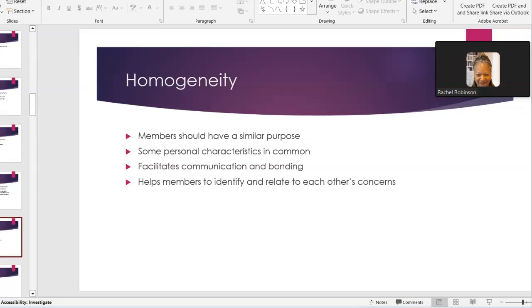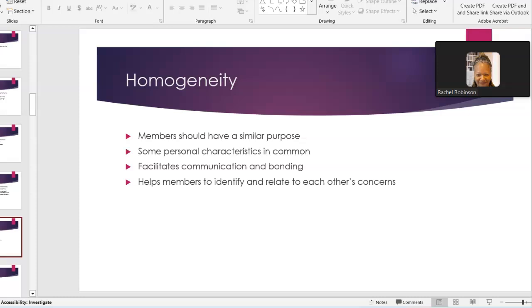So you want to make sure that the homogeneity surrounds or contextualizes opportunities for good communication and bonding that leads to that cohesion that we really want to achieve.